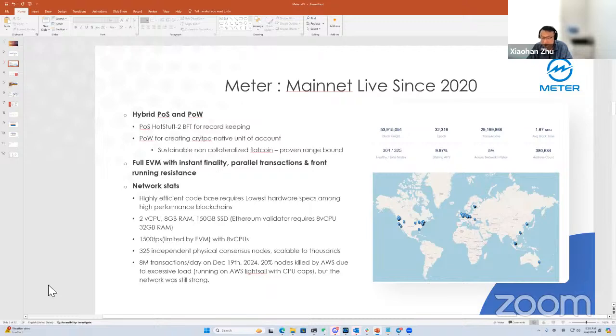A lot of the network nodes were running on AWS Lightsail, which has caps on CPU usage, so many of them were knocked down by AWS. At the extreme it was almost 20%, but the network was still strong and producing blocks smoothly. That shows the robustness of the consensus algorithm itself.